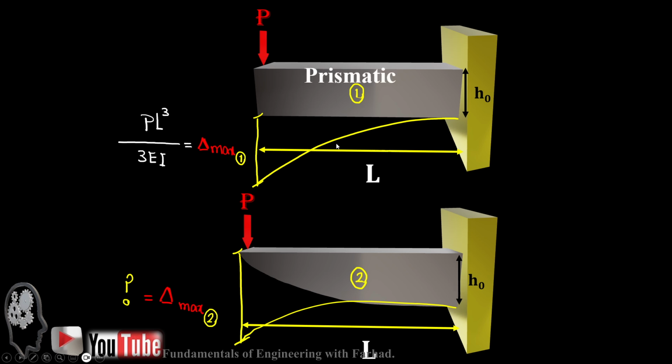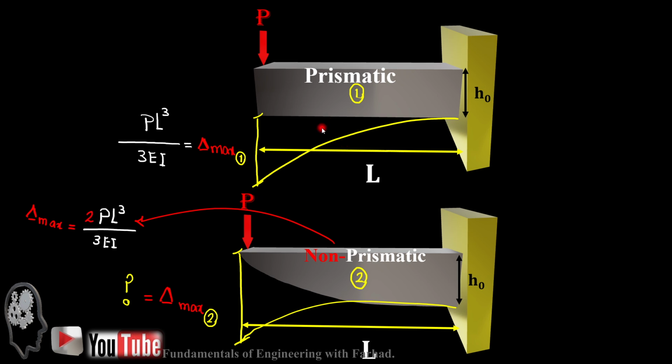The same story holds for the cantilever beam. Delta maximum for the top case, a prismatic cantilever with a concentrated load at the free end, is PL cubed over 3EI. For the non-prismatic with the same everything, delta max is doubled: 2PL cubed over 3EI.